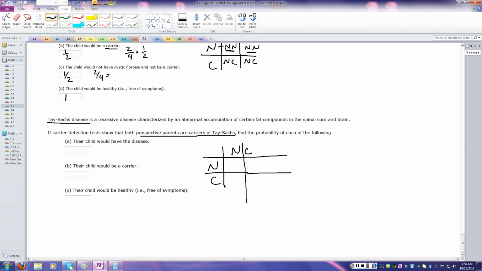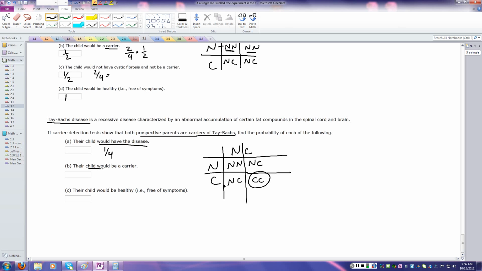And I cross it. So this would be NN. So I have a healthy kid without carrying the disease, a healthy kid that carries the disease, another healthy kid that carries the disease, and then I have a kid that potentially has the disease. So the child would have the disease would be 1 in 4.